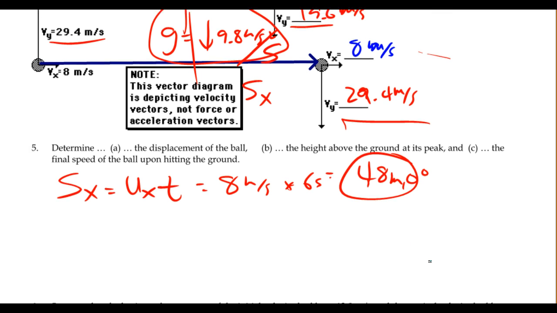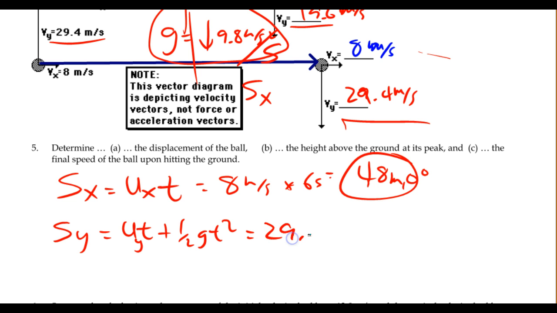Height above the ground at its peak. Okay, well, that's going to be Sy, and that's Uyt plus 1/2 gt squared. Now, we're moving upward at 29.4 meters per second.